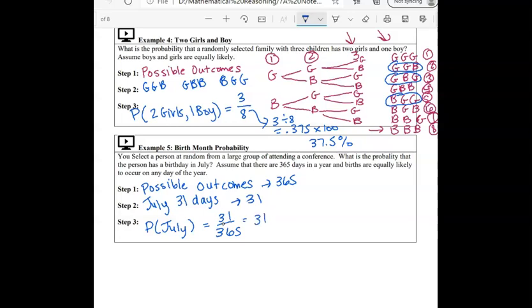If we do 31 divided by 365, we get approximately 0.0849. We have to round on that. And then if we multiply that by 100, that's going to get us about 8.49%.